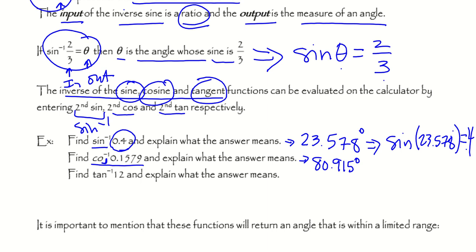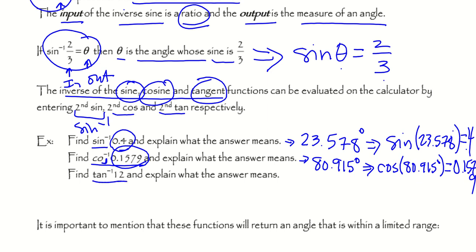That's an angle, so it's measured in degrees, and what we know is that the cosine of 80.915 degrees will give us the ratio that is expressed as the decimal 0.1579.